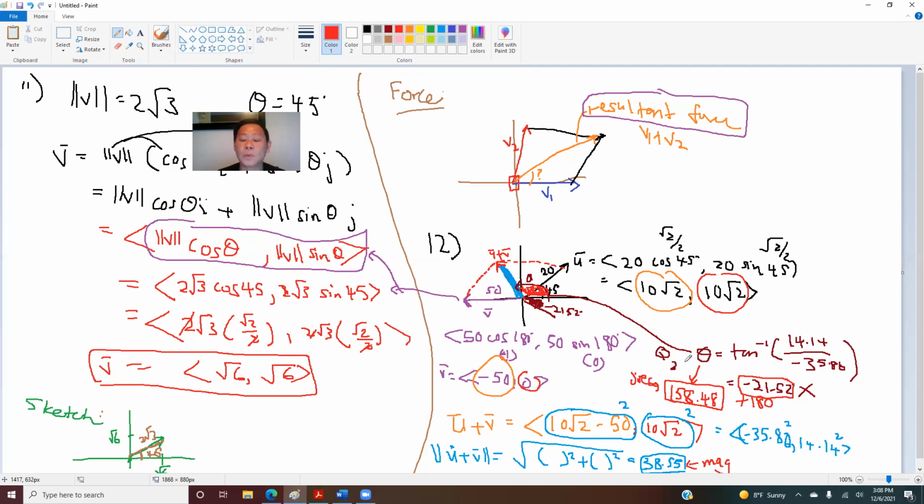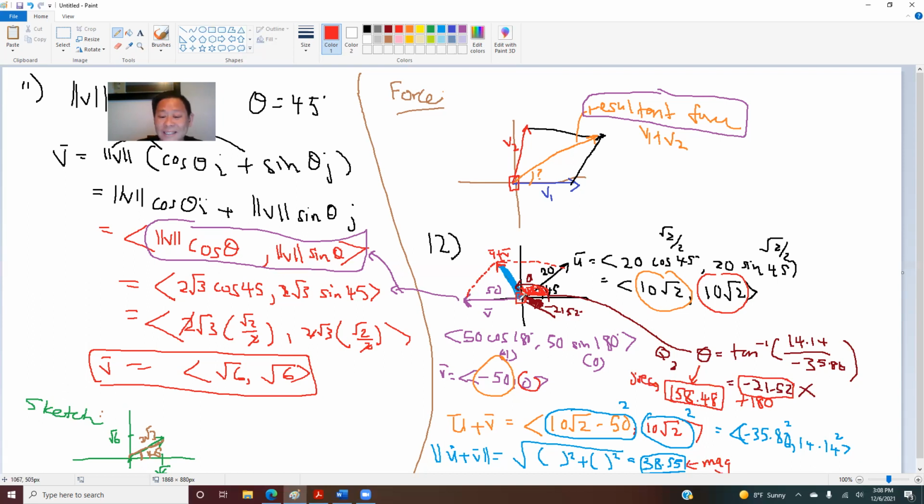Okay. So what is that telling us is, let's say you are moving a table, okay, and you are moving this box or table. One person is carrying 20 kilograms or 20 pounds at a 45-degree angle, and the other person is carrying 50 at 180 degrees.